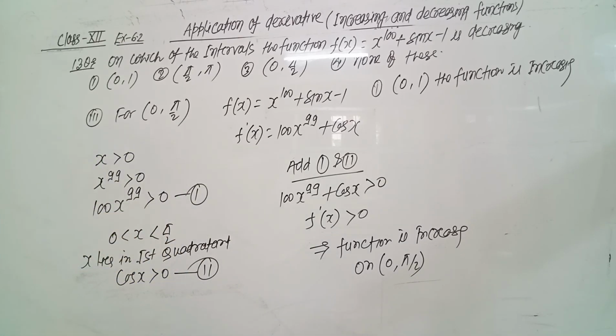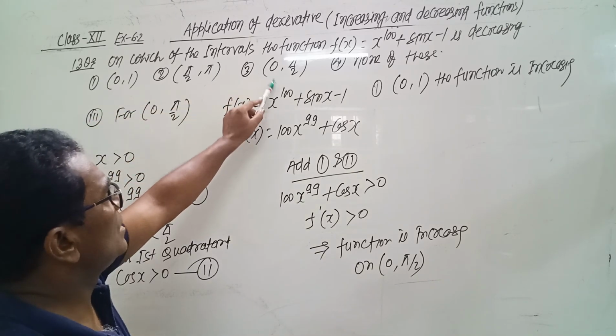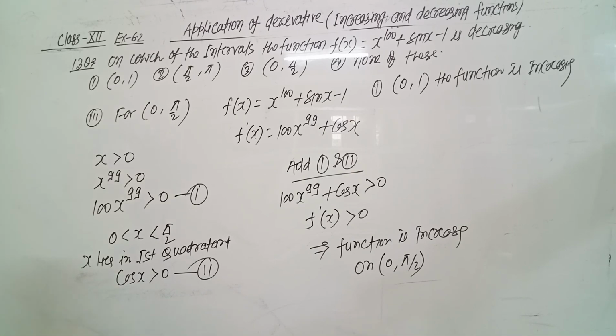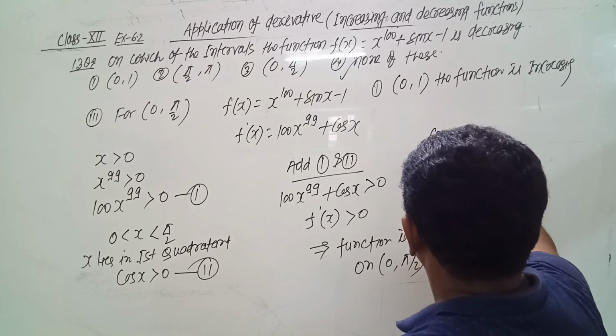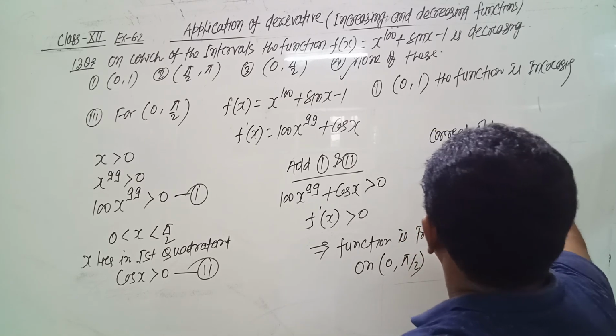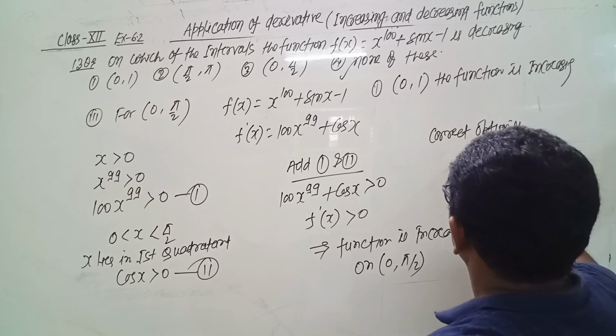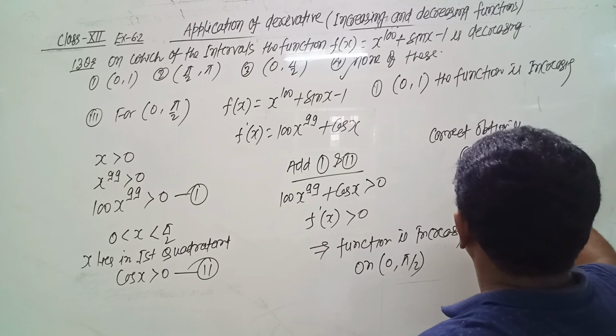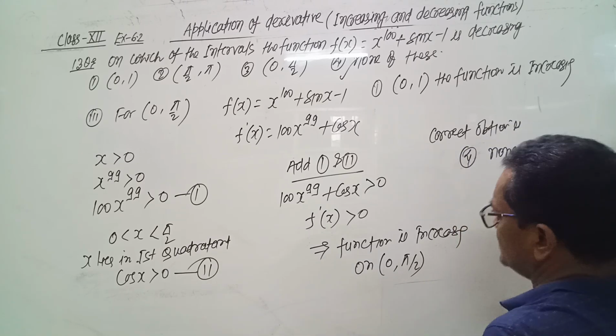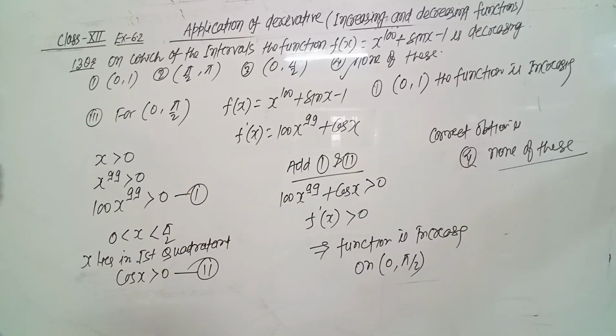So we conclude that the function is increasing for all the intervals, so it is not decreasing. So the correct option is D. Fourth point means none of which. In every interval, we have seen that the function is increasing, so it is not decreasing.